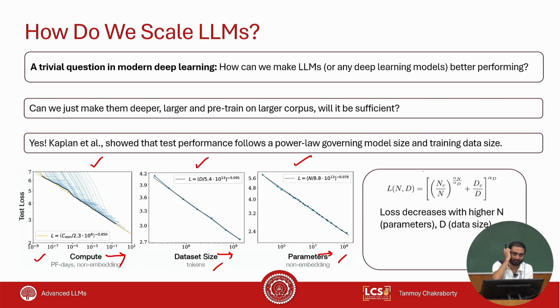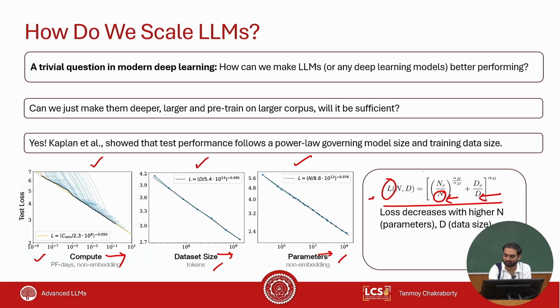And then Kaplan and colleagues, right, proposed this law called the Kaplan scaling law, and this is the scaling law that they proposed, right? So loss will decrease if you increase the number of parameters. N is the number of parameters, right? If you increase the number of parameters, loss will decrease.